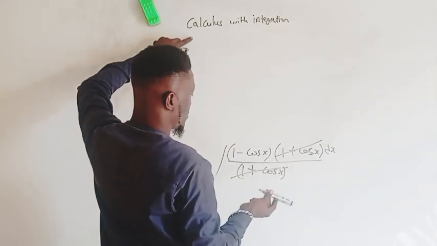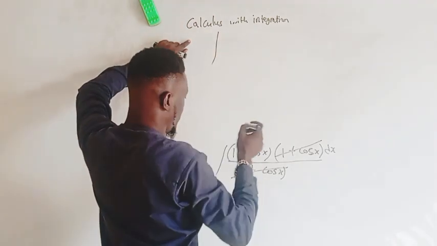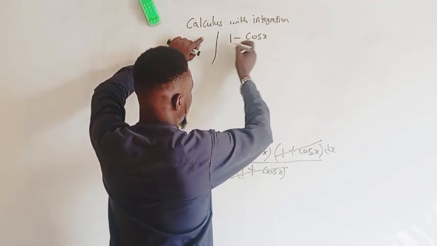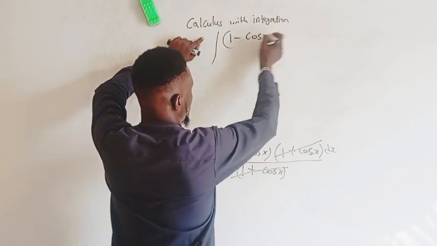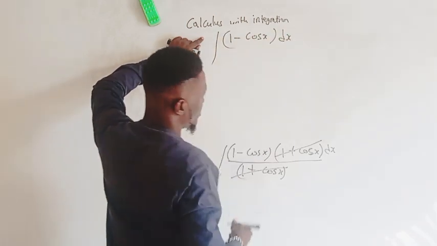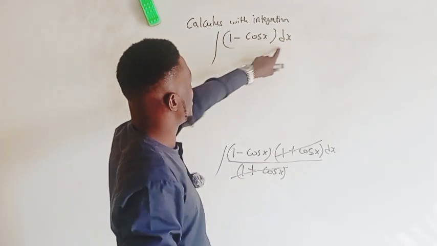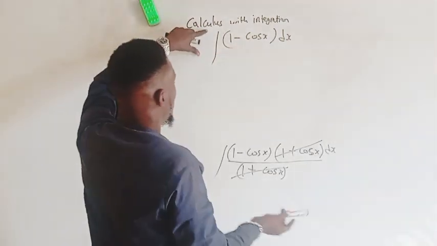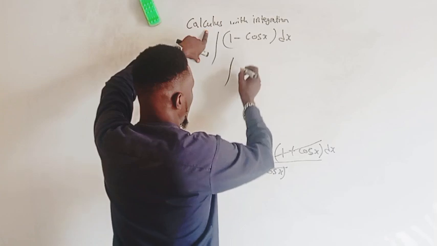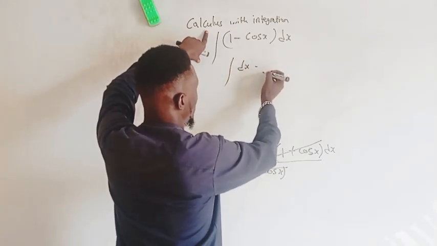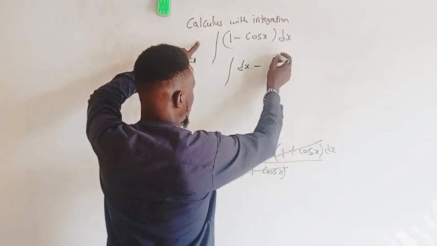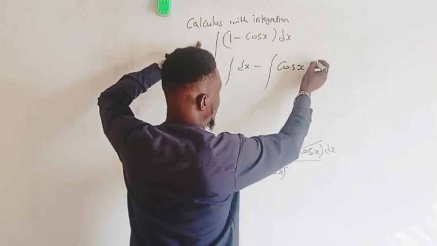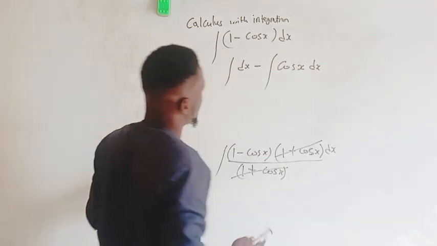So we are left with what? Our integral of (1 − cos x) dx. So this dx can be multiplied by all the terms inside this bracket, so it becomes the integral of dx minus the integral of cos x dx.